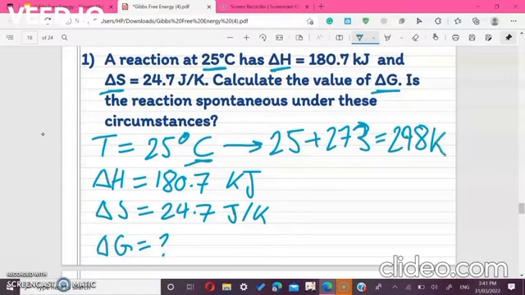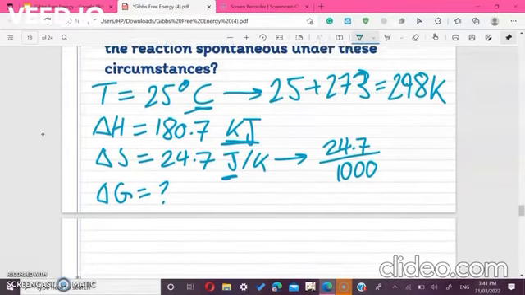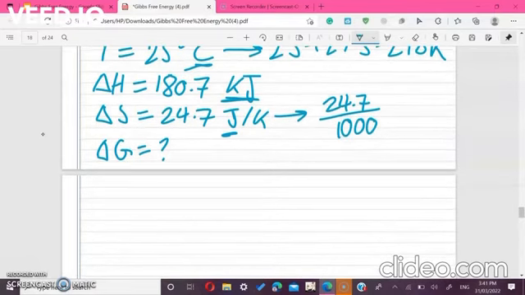Delta H and delta S. Delta H is given in kilojoules and delta S is in joules. You can convert kilojoules into joules or joules into kilojoules. Personally, I like to convert joules into kilojoules, so I divide 24.7 by 1000 to give me kilojoules. We have our values. Now let's plug them in the equation.